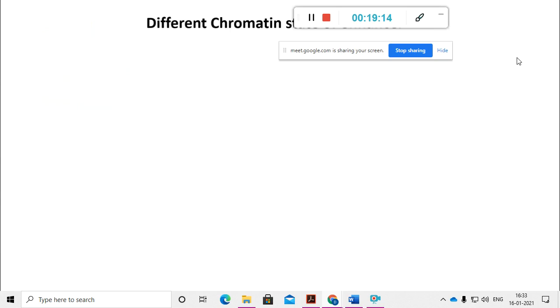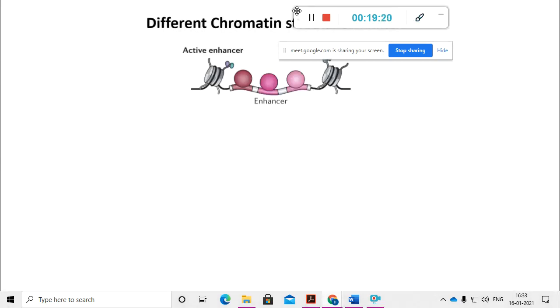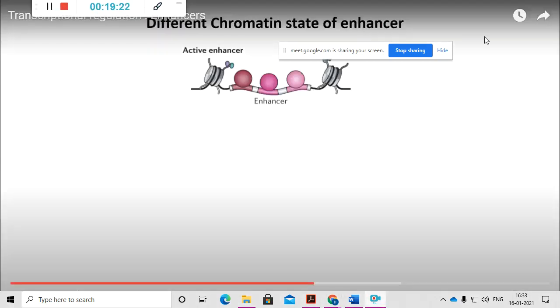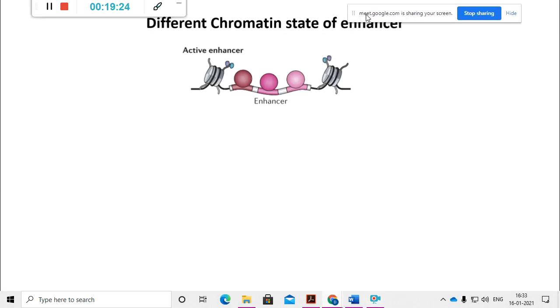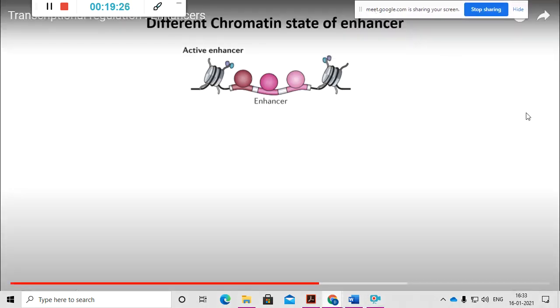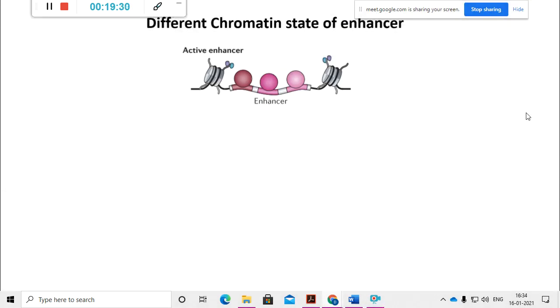Now I need to show you the different chromatin states of an enhancer. An enhancer is active when it is accessible to specialized transcription factors, which means the nucleosome is translocated away from that enhancer region.